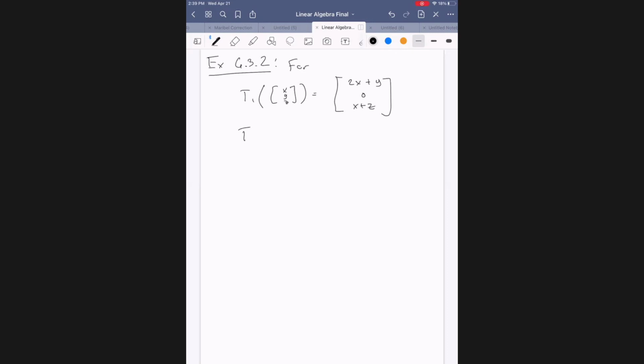And T2 of x, y, z is equal to x minus y, z, and y. Find the matrix representation of T2 composed with T1.